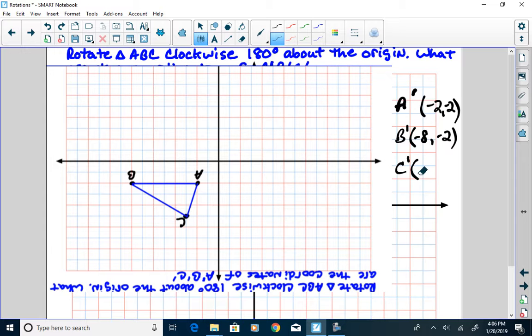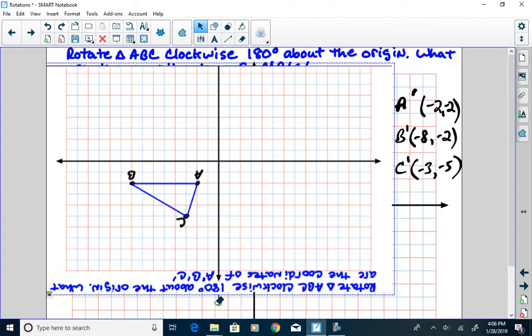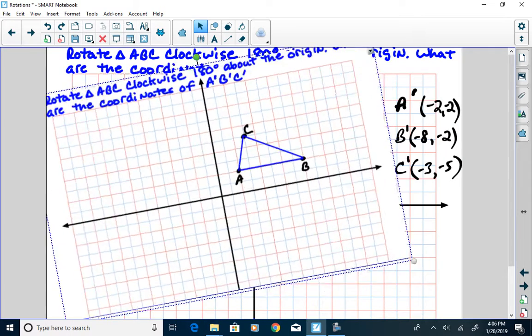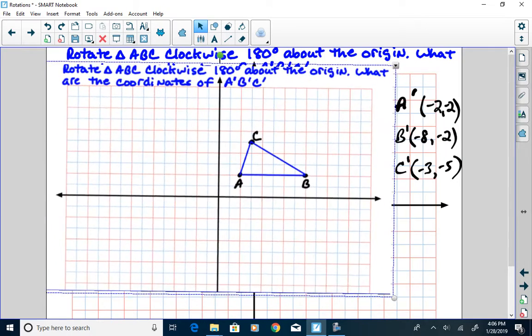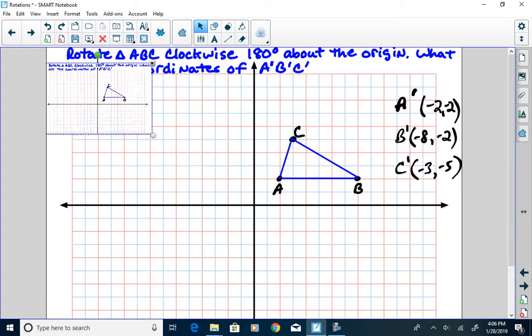Our C prime is located where? Negative 3 and negative 5. Right? So now that we have the coordinates of our image, I'm going to put this back. Let's rotate this back up and minimize this.